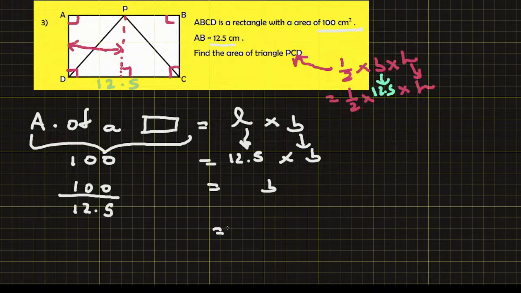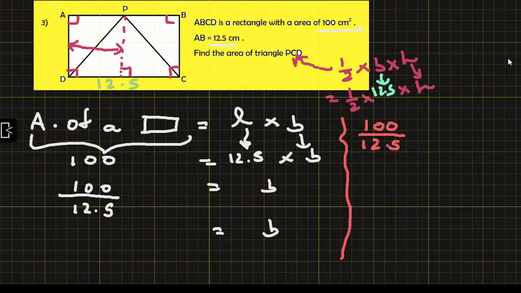How do we divide 100 by 12.5? If you're using a calculator, you just put in 100 divided by 12.5 and you get the answer. But when you're doing it manually, if it's quite hard to figure out how many 12.5s are there in 100, you can convert this decimal to an integer.